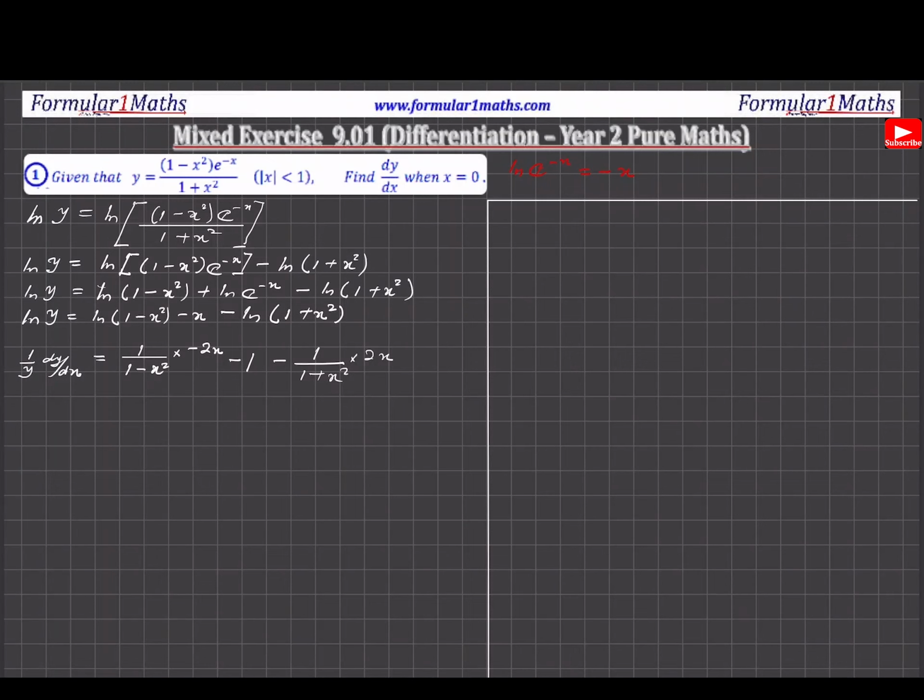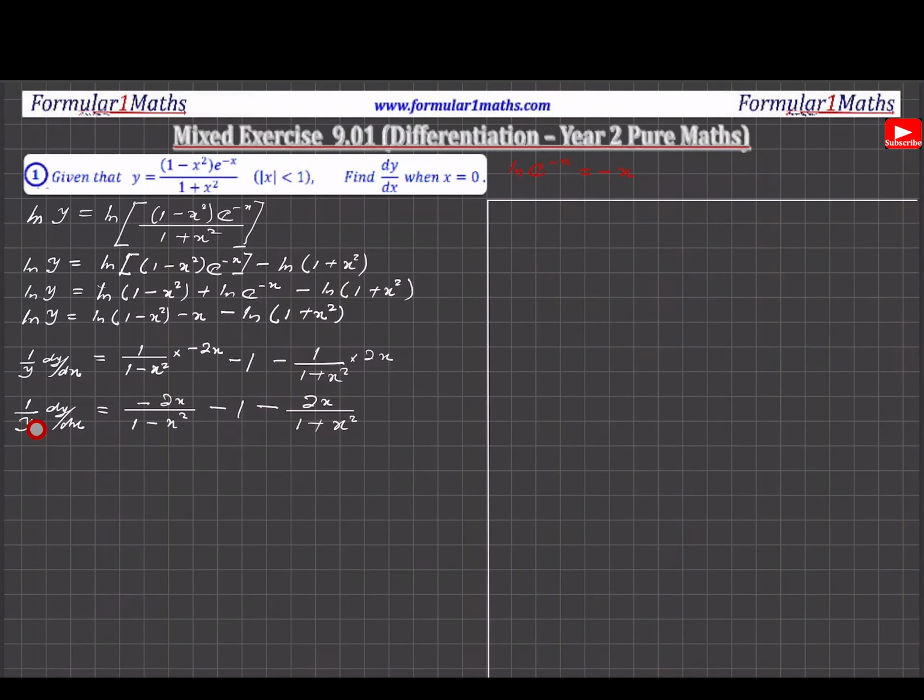I can now write this as 1 over y dy/dx equals minus 2x over 1 minus x squared, minus 1, minus 2x over 1 plus x squared. So now I want dy/dx.